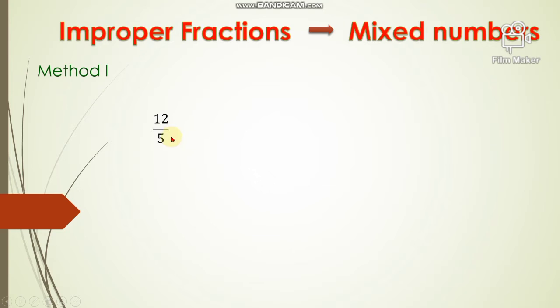If you express a fraction having the same numerator and denominator, it represents the value 1. The denominator here is 5, so we'll separate this into fractions having 5 in both the numerator and the denominator places.